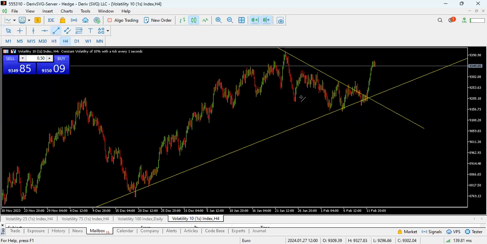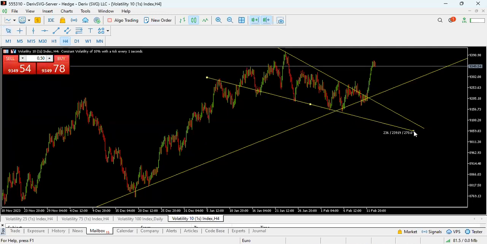Let me show you. There was a channel. You see, it was a temporary down movement. But that temporary down movement has been violated with this push to the upside.